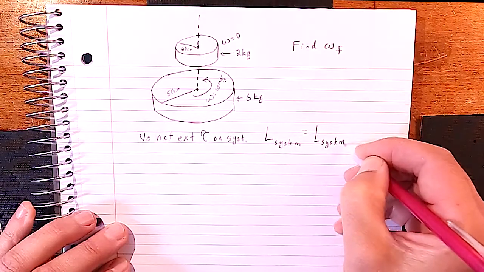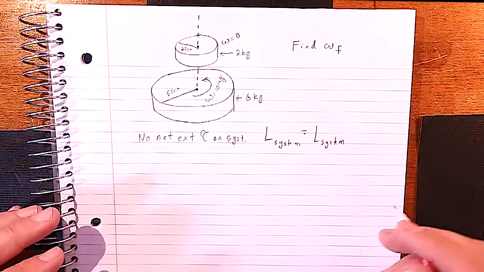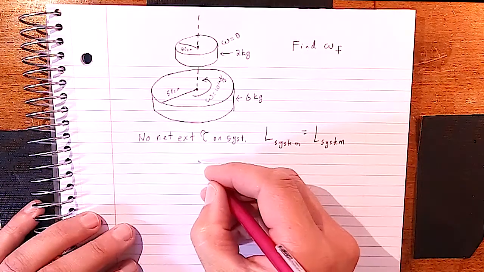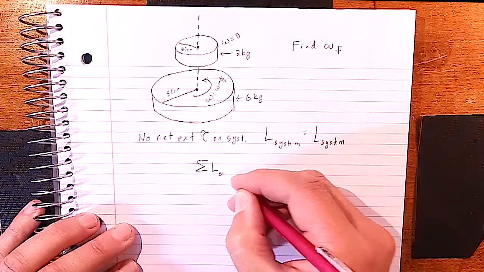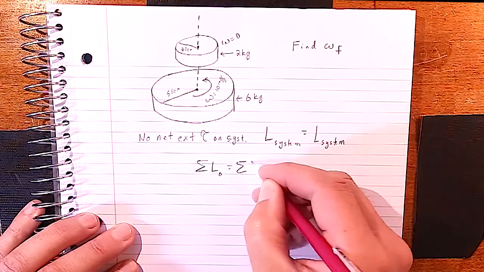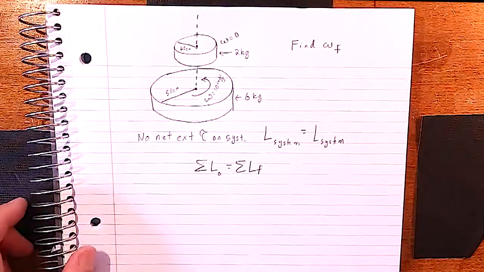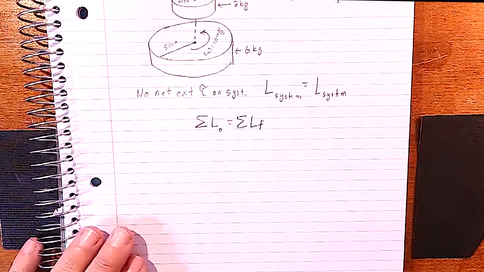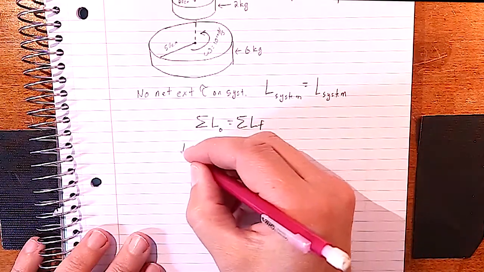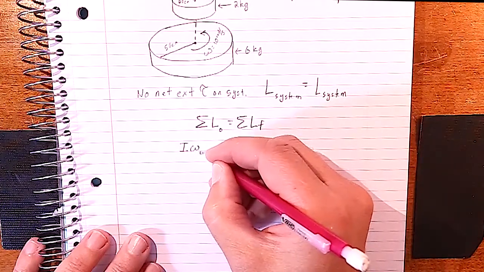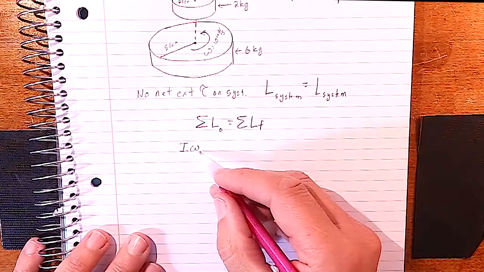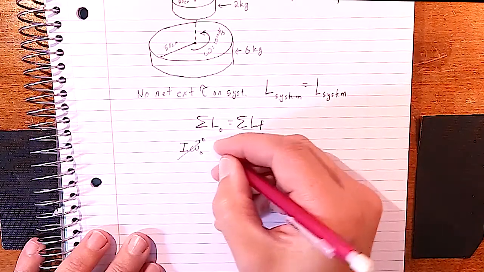So what am I saying by saying this? I'm saying we can use conservation of angular momentum. So we can set this up like this. Sum of the angular momentum initial equals sum of the angular momentum final. And what do we have here? Well, we have disk 1, which we're going to say is I omega initial. But disk 1 is not rotating, so that's just 0.